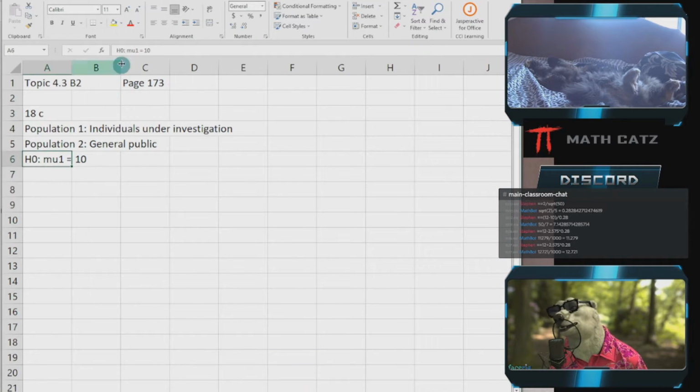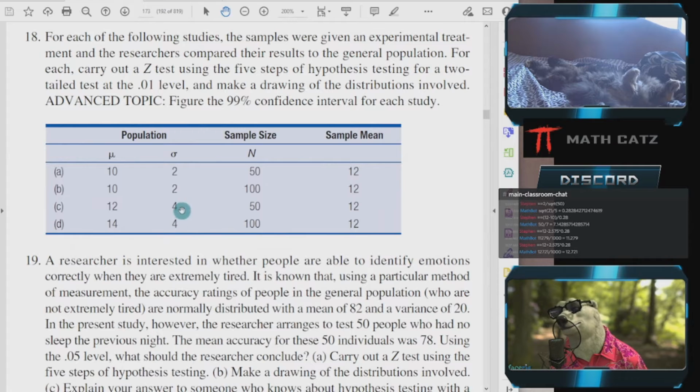Excuse me. Let's update that to 12. And we also have a population standard deviation. We took a sample of 50 people for the experimental treatment, and we got a sample mean of 12 as well.